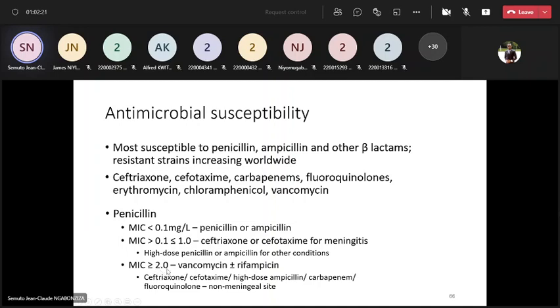And when the MIC for penicillin is up to 2, you will have to combine vancomycin and rifampicin, sometimes high-dose ampicillin, and fluoroquinolone in non-meningitis conditions. This MIC is important to know which drug or combination of drugs you are going to use to treat patients.